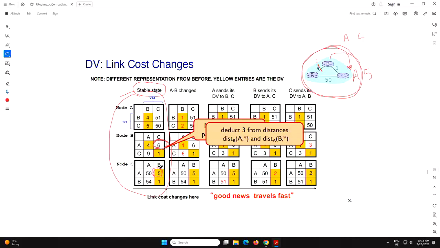Now, in another iteration, when C sends this information to B, B thinks that it can go to A via C with a cost of 6. So that's the information 6 here.